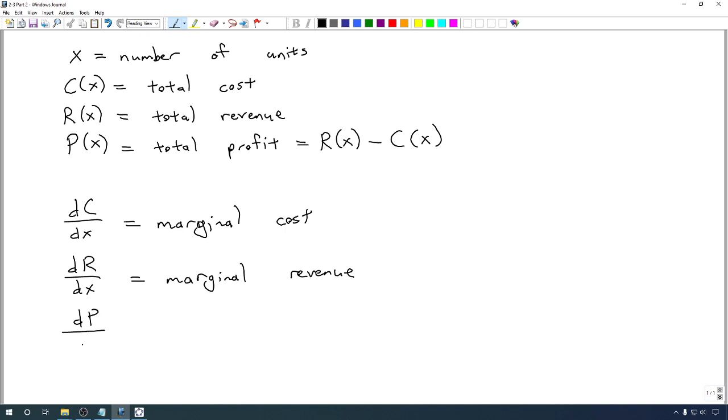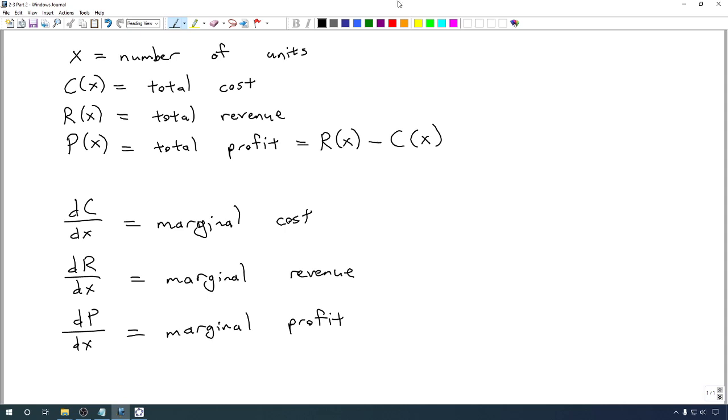And big surprise, the derivative of the profit is the marginal profit. So you can just think of marginal here as just meaning derivative. But that's just the term that's used in economics.